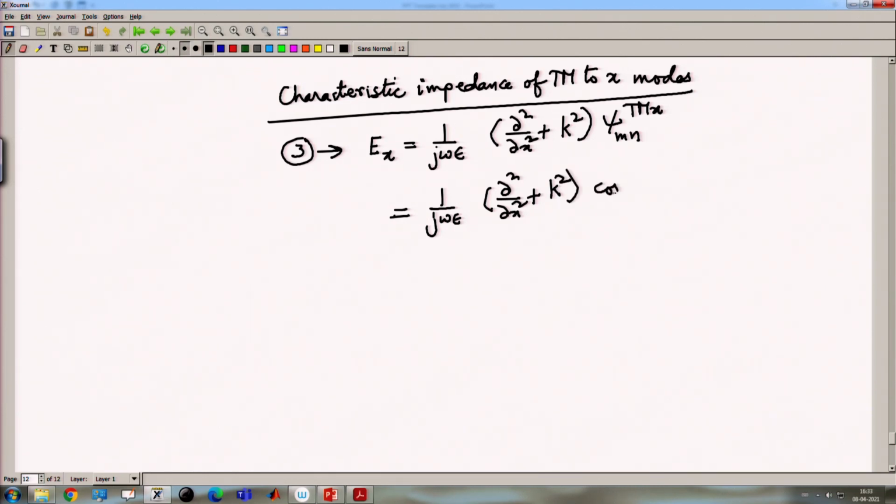Just substitute, cos m pi x by a, sin n pi y by b, e to the power minus j k z z.